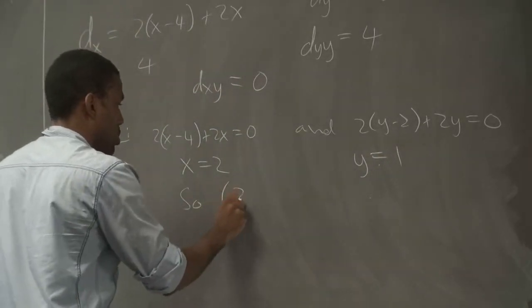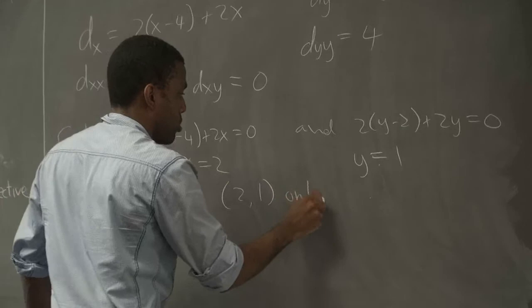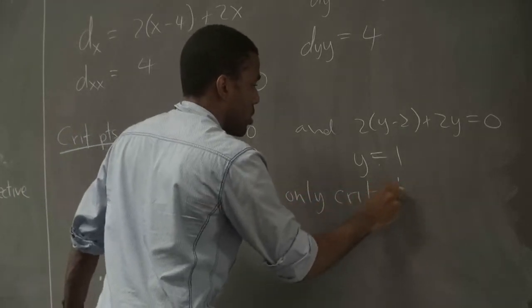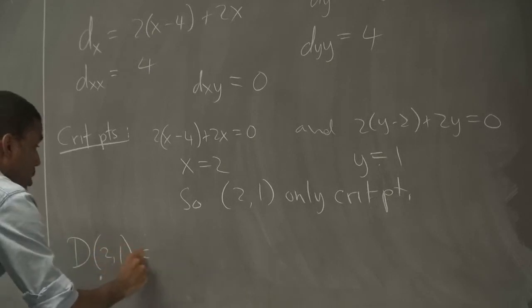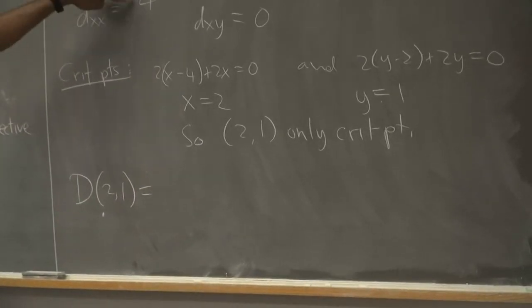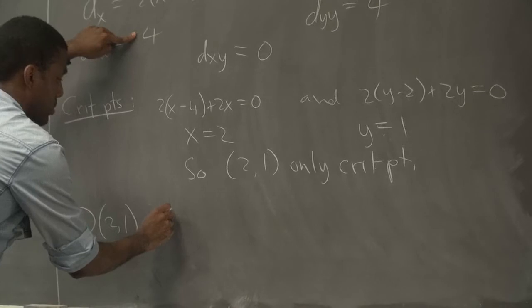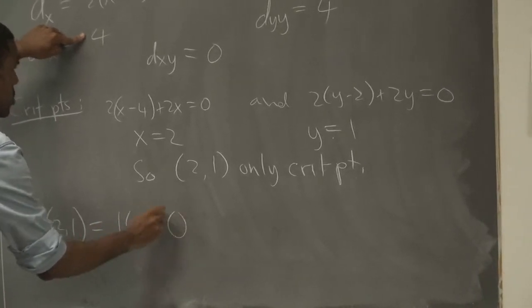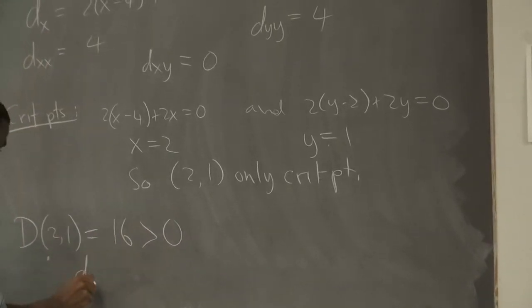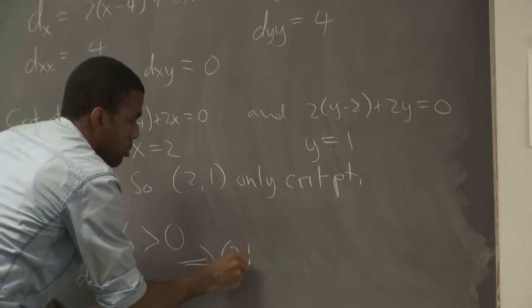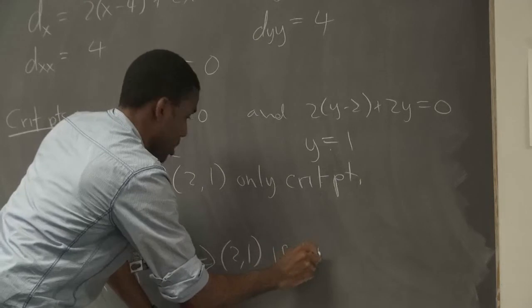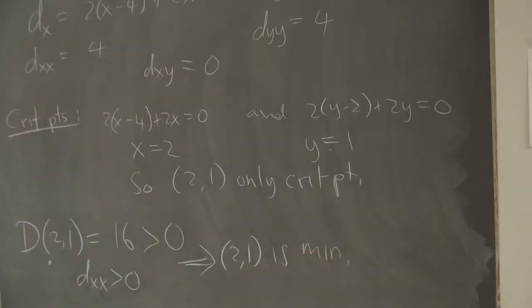So 2 comma 1 is the only critical point. And so now d for 2 comma 1 is just 4 times 4, that's 16, right? It's greater than 0. And since dxx is greater than 0, this means 2 comma 1 is a minimum. Which means when my x and y is 2 and 1, that gives me the minimum distance.